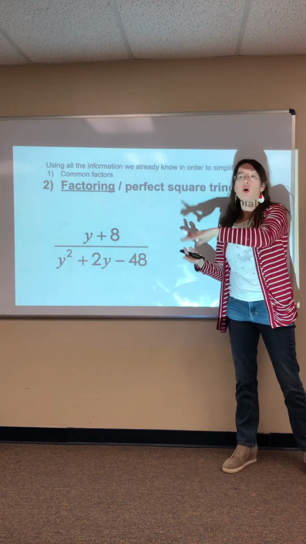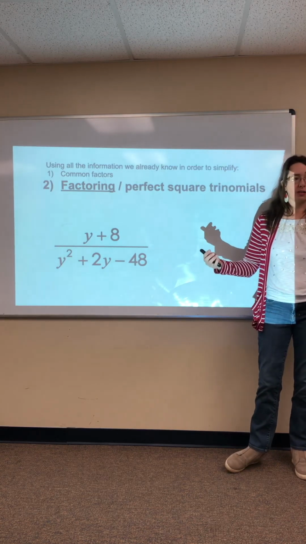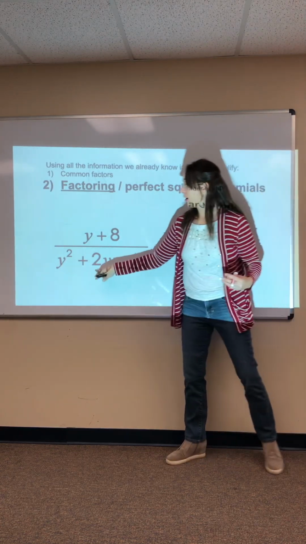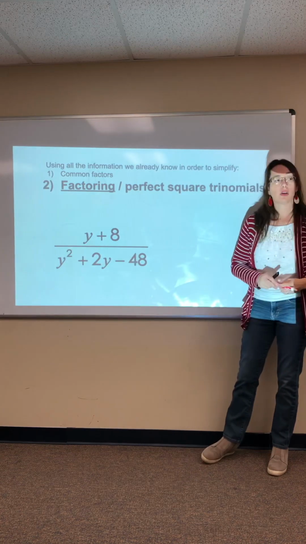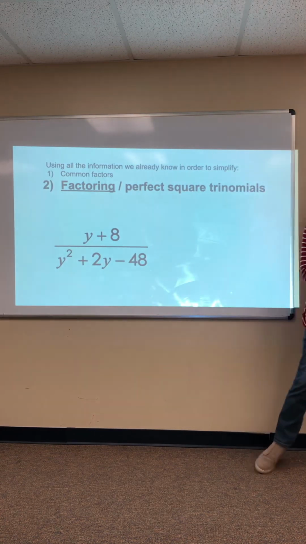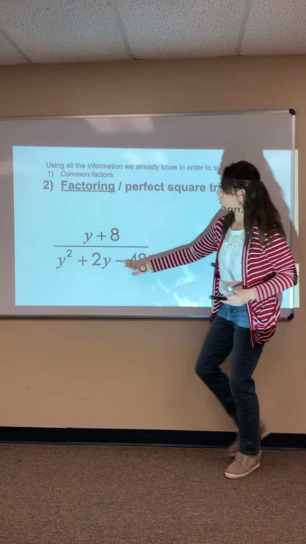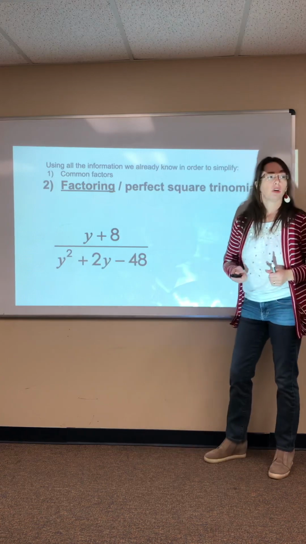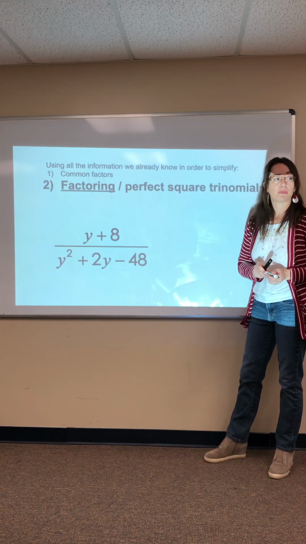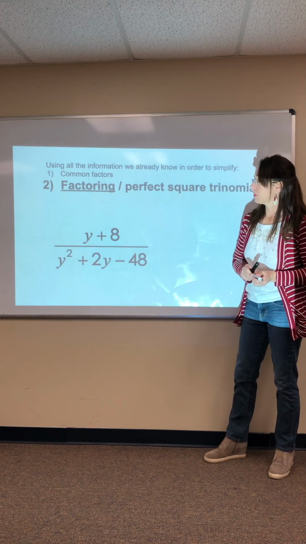Now on the bottom, is there anything in common that we can pull out? So we are going backwards from distribution. Is there a common factor between all of these coefficients that we could pull out? 2, right? That means I would have to take a 2 out of the coefficient of each term that's there. And there's no coefficient for y squared. Okay.